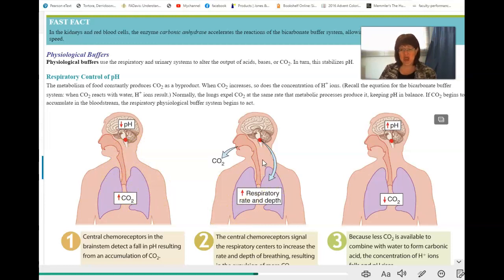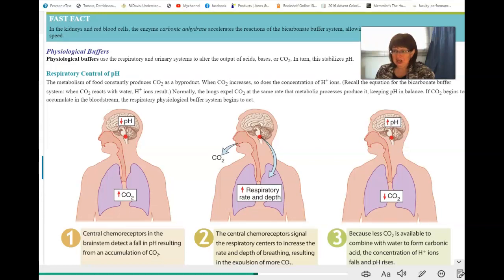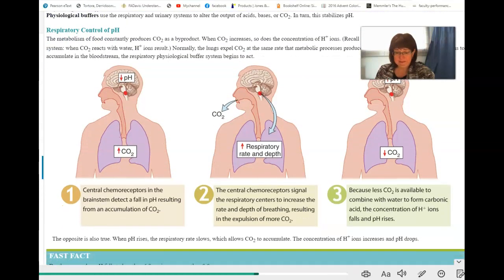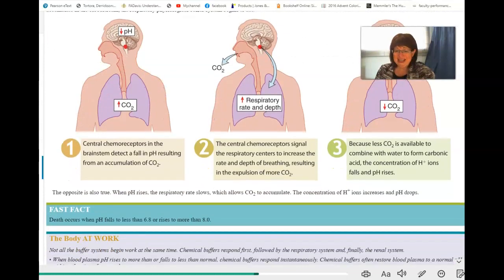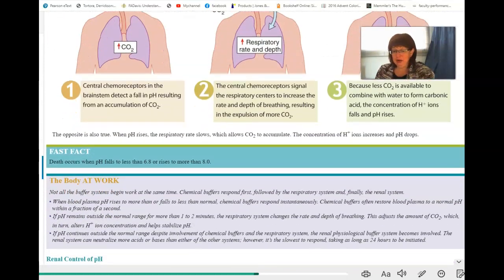If you increase your breathing rate, you remove more carbon dioxide from your blood, which will then pull the reaction, and it will become less acidic, or higher pH. Okay. So that is the quick breathing way.